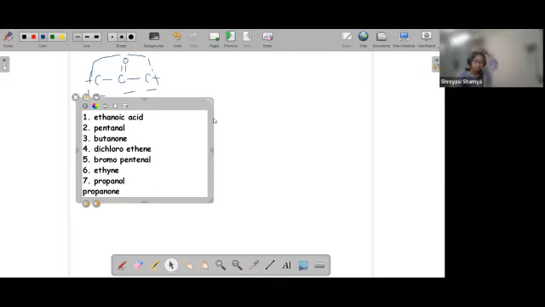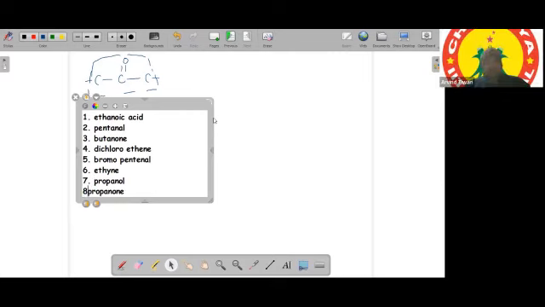Done? Okay, I'll check it now. Those who have not done can just write down the names and continue doing while I'm checking, and when they have completed, show all the structures.